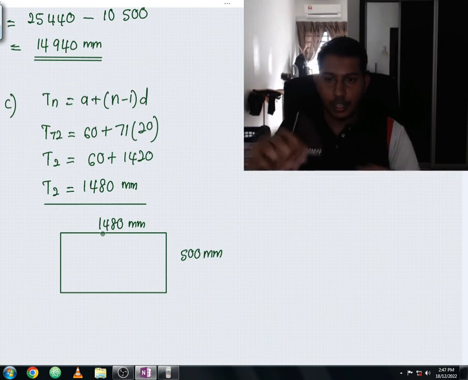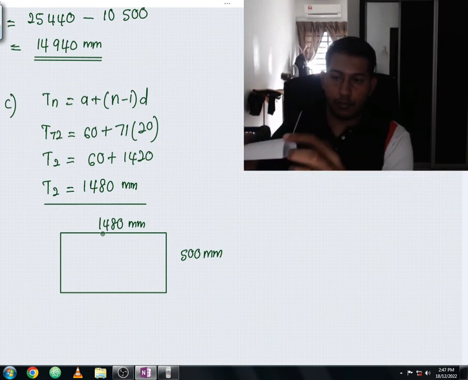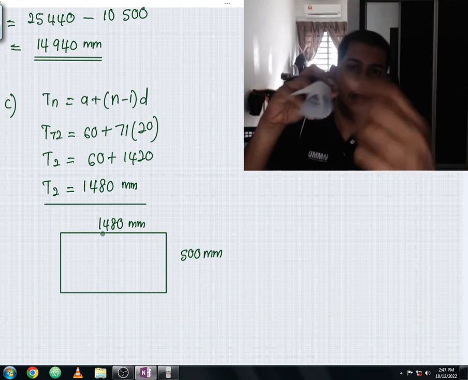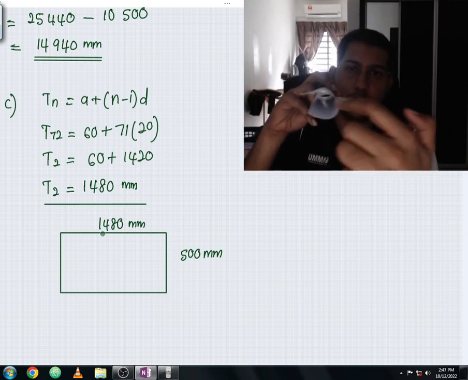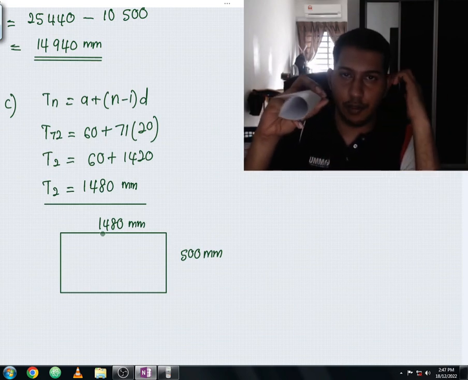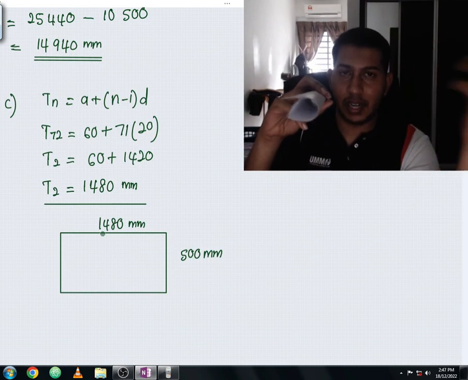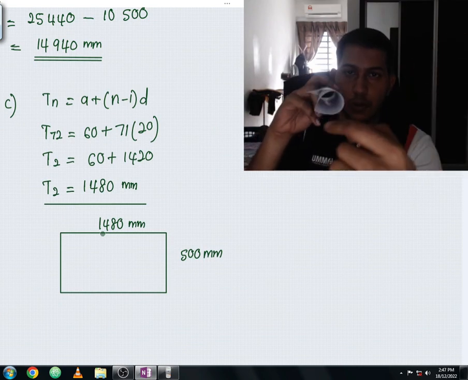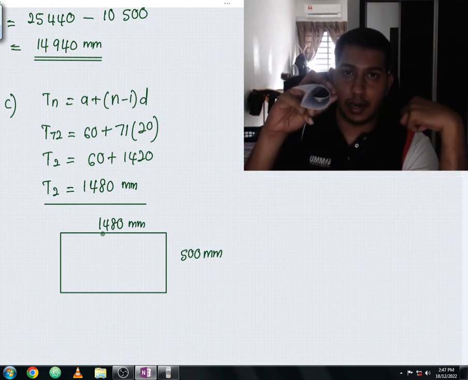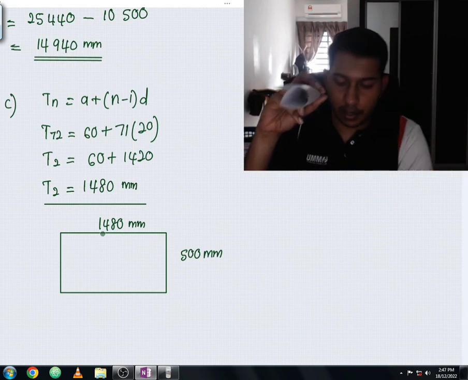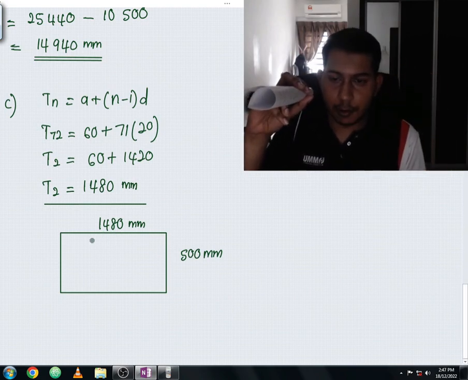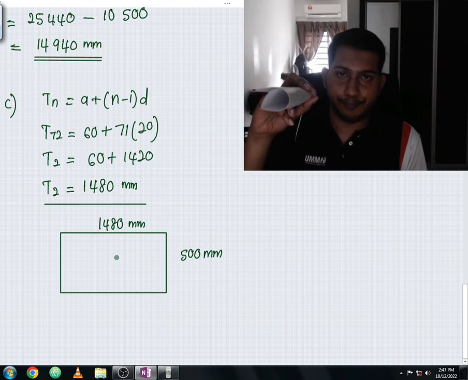So you need to take note that this part over here can be calculated using the circumference of the circle formula. In this case, how to calculate the circumference of the circle? Over here, 2 pi r. So that 2 pi r we're going to apply and equate to 1480.